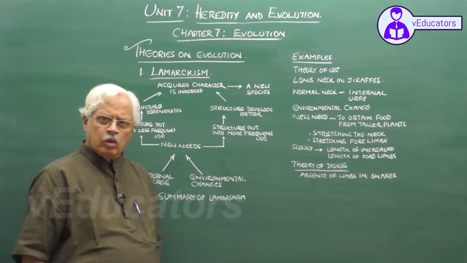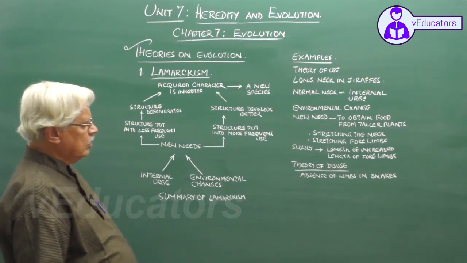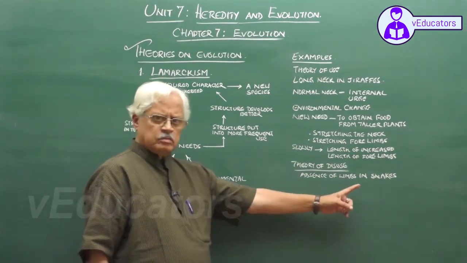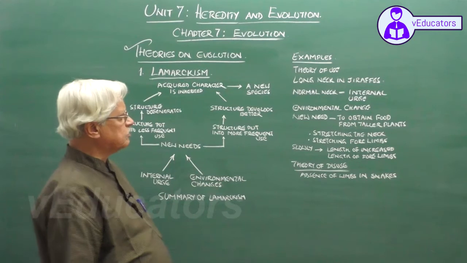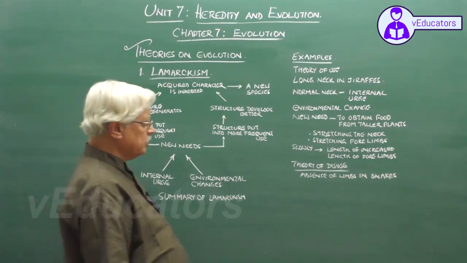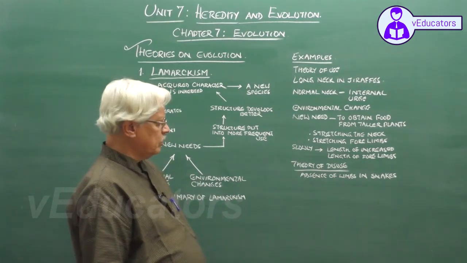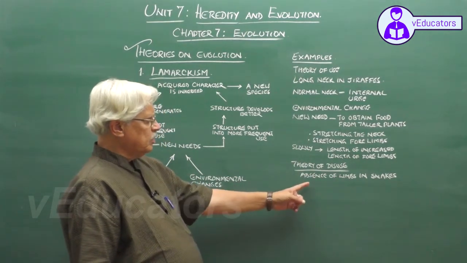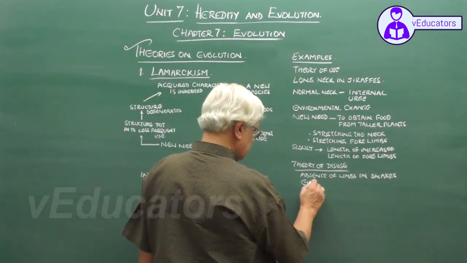Again, according to Lamarck, earlier snakes had both forelimbs and hind limbs like all other reptiles. So they had an internal urge, they wanted to change.